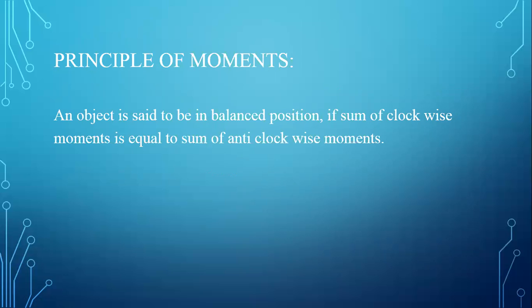That is, if a number of moments of forces are acting on the same object, then their sums should be the same. The sum of clockwise moments and the sum of anti-clockwise moments must be equal to each other. In other words, we can say that the total moment of force should be equal to zero.